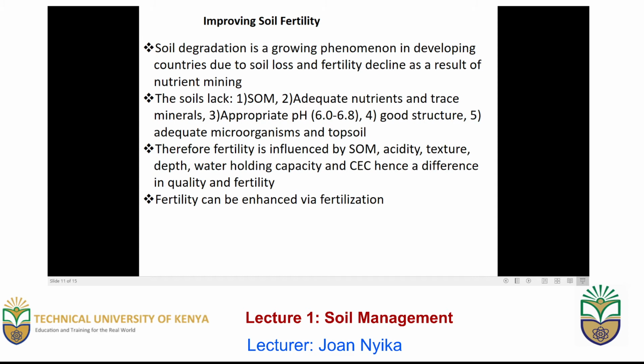All these problems we have discussed affect soil fertility, and once soil is infertile, it cannot be used for agriculture. Therefore, we need to understand the ways we can improve soil fertility, even in the era of climate change where we are prone to erosion and to processes such as compaction and waterlogging.